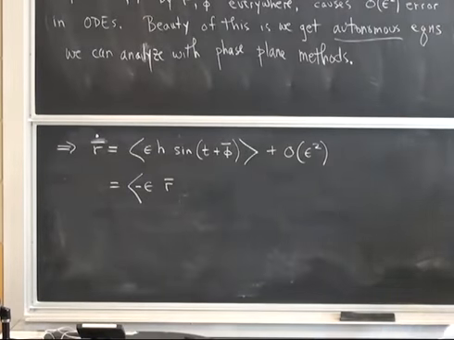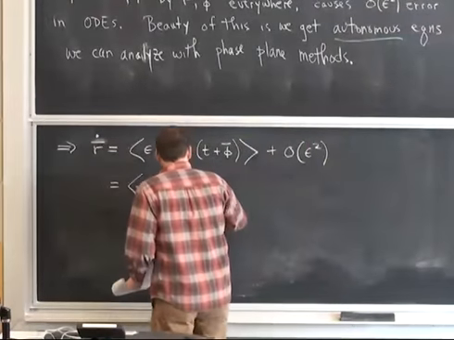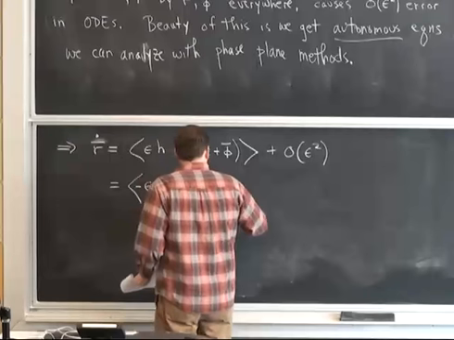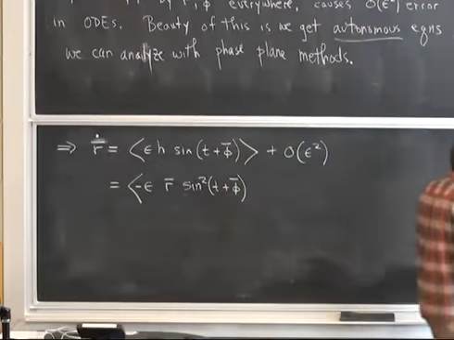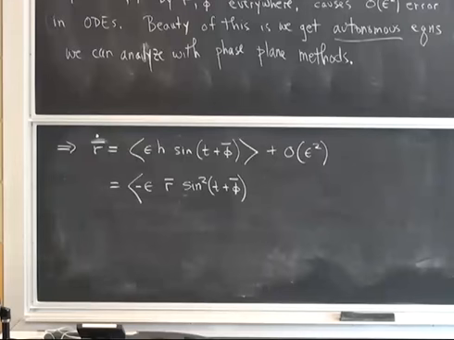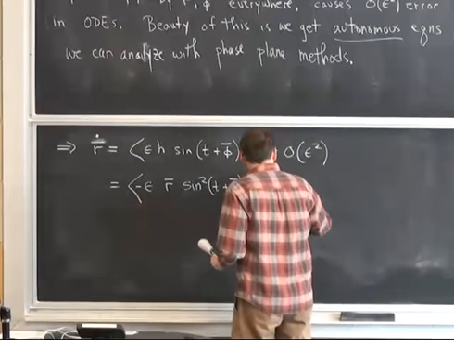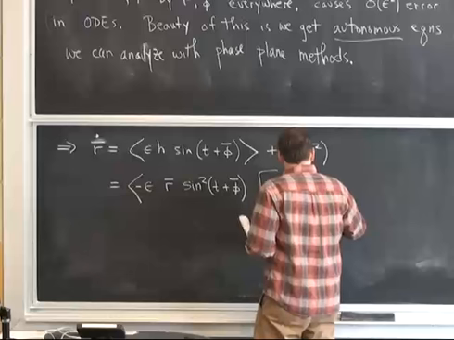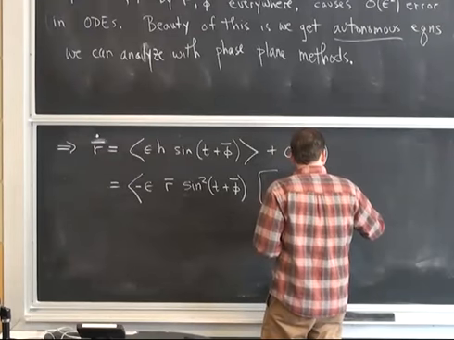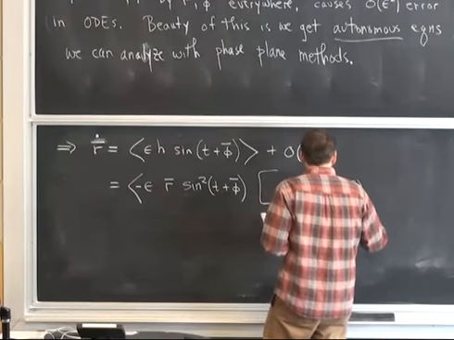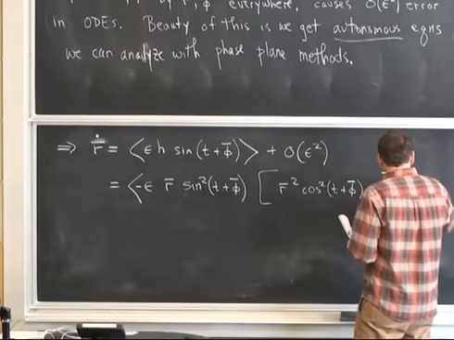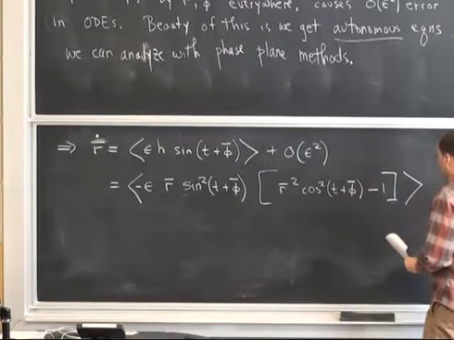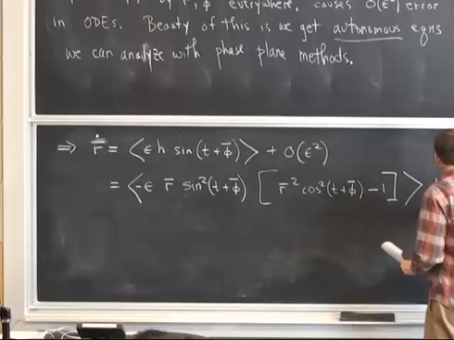So I'm going to get sine squared of T plus phi bar. And then times this factor that's in the square brackets: R bar squared cosine squared T plus phi bar minus 1. Close the square brackets, close the angle brackets, and then plus order epsilon squared.